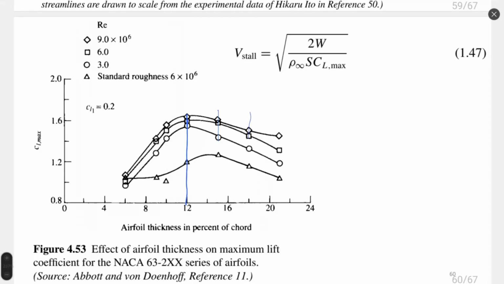What could be advantages of thicker airfoils? As I told you, they will be more efficient for low velocity flight, and they will be also stronger from structural point of view. Thin airfoil, I think, needs more attention from structural point of view because of material properties.